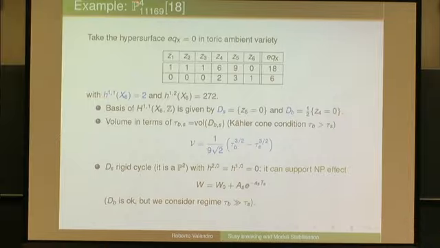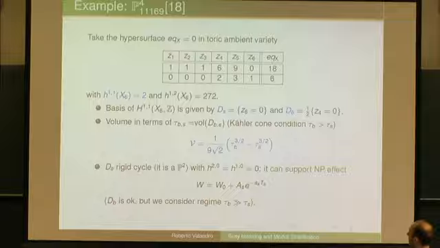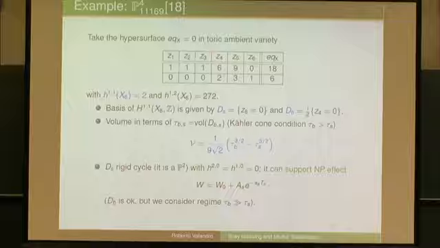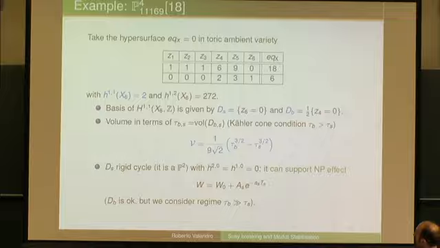Now this projective space is singular, so you resolve it by going to the toric variety. Here these are the coordinates of this complex space, and these are the weights of the identification, basically the scaling of these coordinates. The hypersurface equation will have these degrees. Okay, so this is what this means.